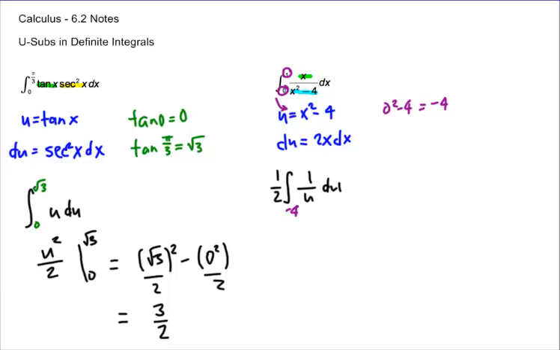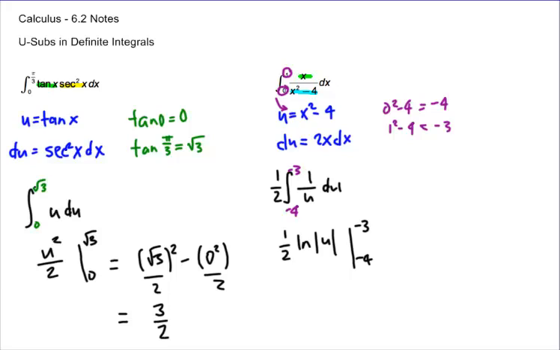And then my upper limit of integration would be 1 squared minus 4, which is negative 3. And so here's what my new integral is going to look like. When I integrate this, I'm going to have 1/2 times the natural log of the absolute value of u, and we're going to evaluate that from negative 4 to negative 3.